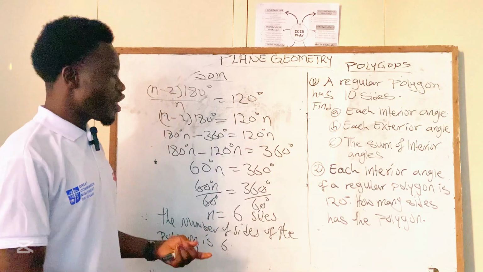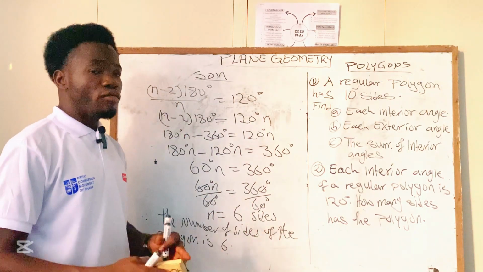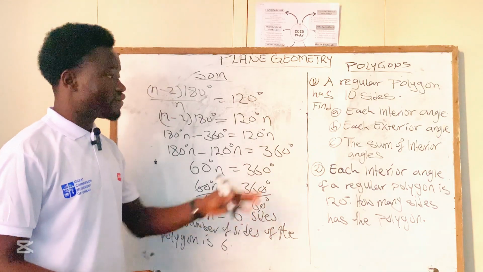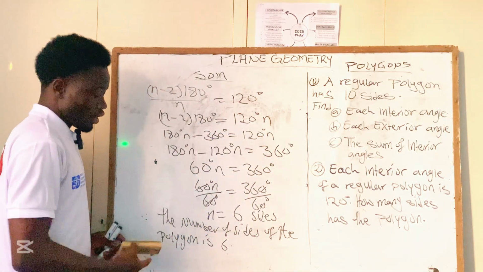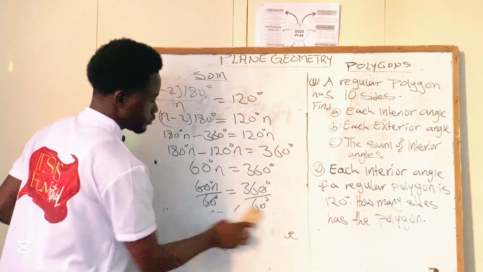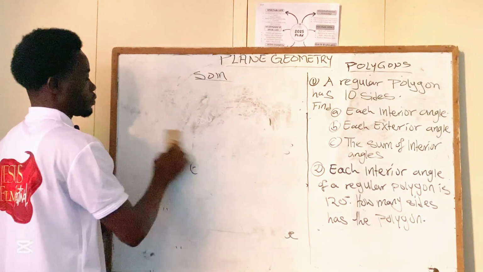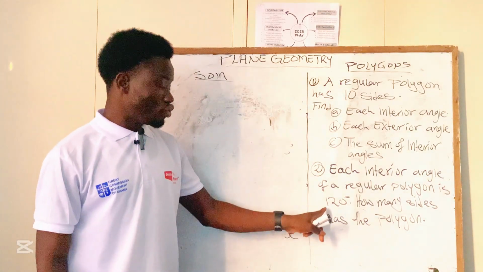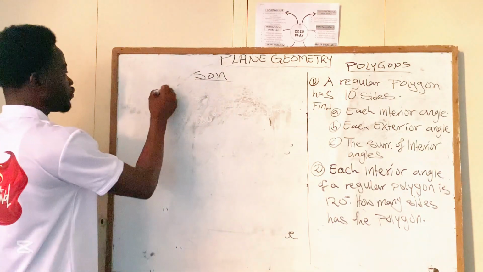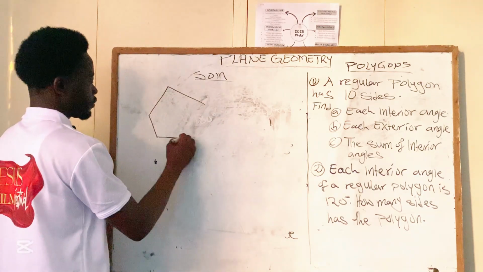Now, the other way you can solve the same question is using the exterior angle formula, the one that we stated here. So we can clean this off. Now, if each interior angle is 120, let's assume that I have the polygon as this.